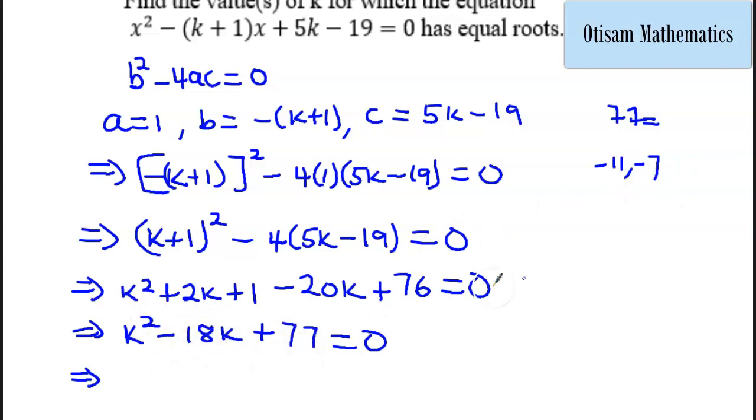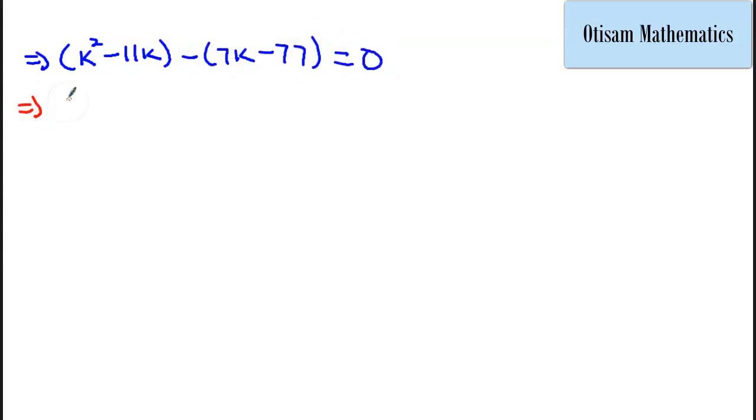So we break the middle term into those factors, which implies that k squared minus 11k minus 7k plus 77 is equal to 0. So this implies that, bracket open, k squared minus 11k, bracket close, minus 7k plus 77 is equal to 0. Taking k out, then k minus 11 as the common factor, minus 7 out, k minus 11 is equal to 0.